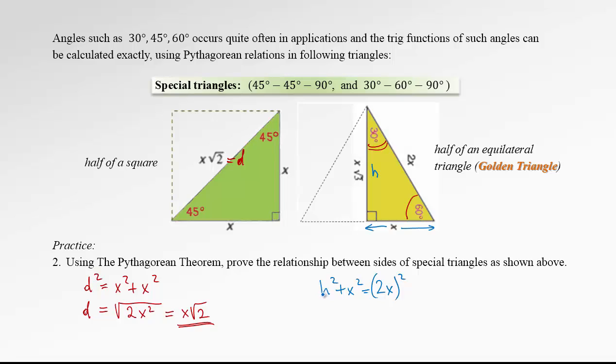We are solving for h in terms of x. So h squared would be equal to 4x squared on this side minus that x squared from the left-hand side, right? Then by applying square root on both sides, we have h on the left, and here we have square root of 3x squared. Again, if we pull the x out, we have x root 3. So yes, indeed, h is equal to x root 3. So it's proven.